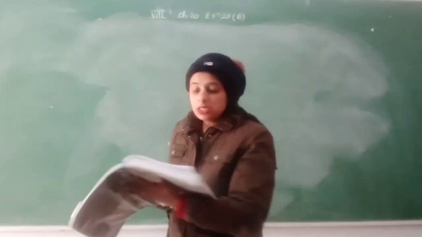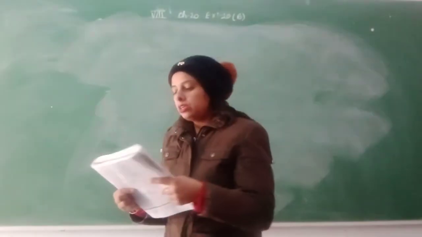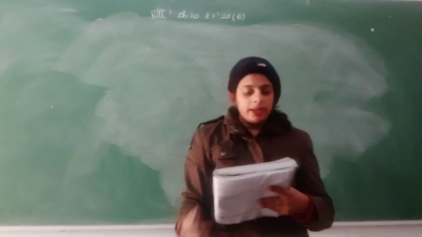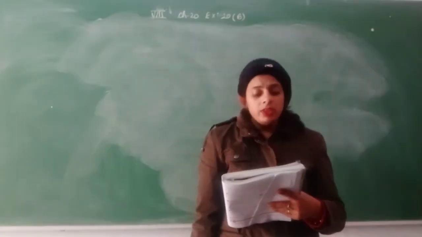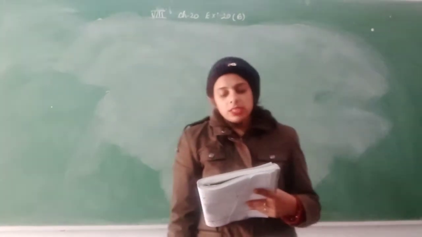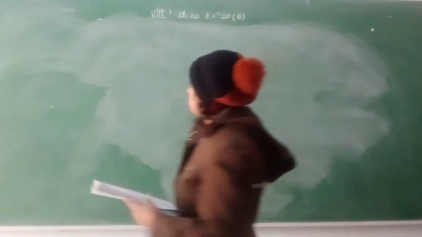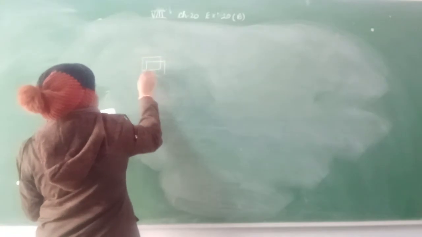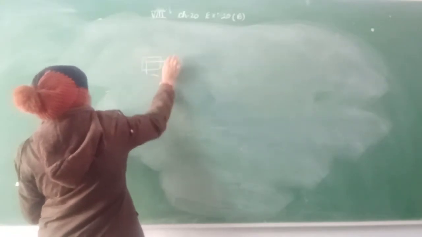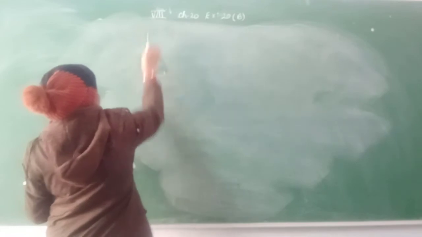The question number 6 is, a powder is available in 2 packets. A powder is available in the 2 packets. A tin can with a square base of each side 9 centimeter. It means there is a tin can just like this, where the base is this, and just like this.